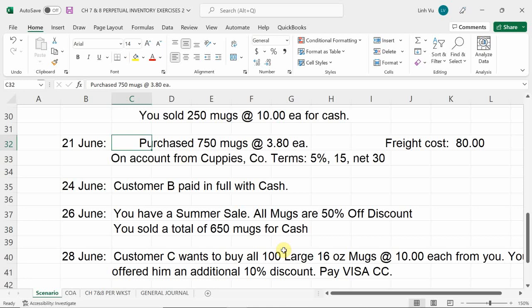So 15 days from the 21st is going to be the 30th plus 6 days, which is July 6th. July 6th would be when I owe or have to pay the bill. So in this case, this third bill that I made in my third purchase is going to be discounted by 5%.